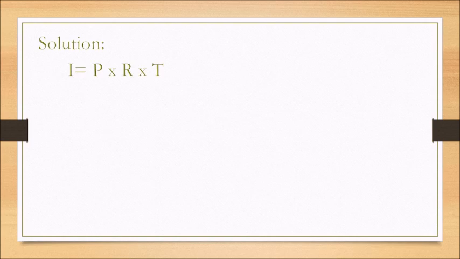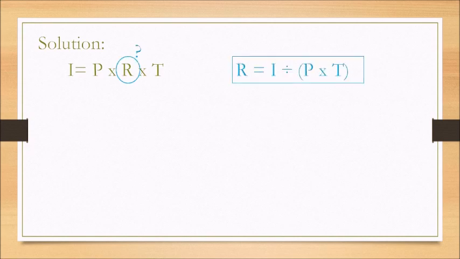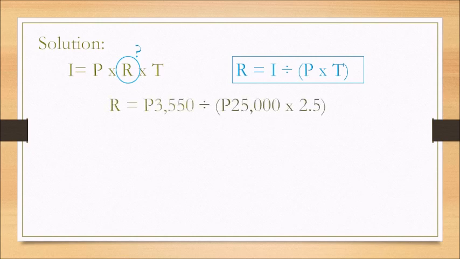So solution, since our formula is I is equal to P times R times T, R this time will be I divided by P times T. So R is equal to 3,550 divided by 25,000 times 2.5. So 3,550 divided by 62,500.